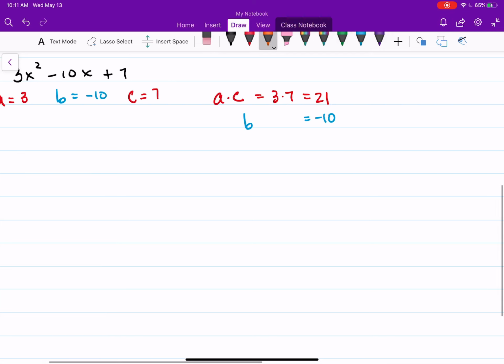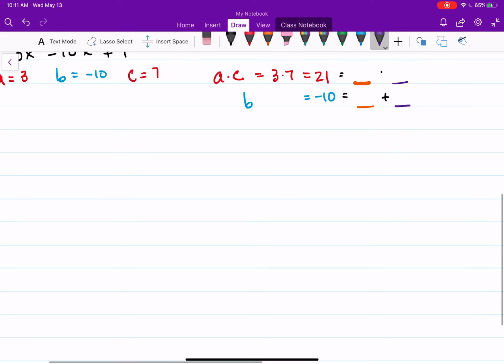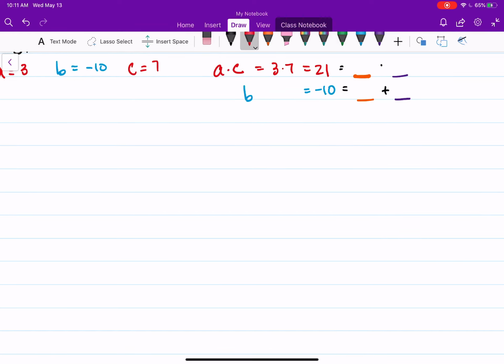So what I'm trying to find is two numbers that multiply together to give you 21 but add together to give you negative 10. As A times C gets bigger and bigger, if we can't find those numbers right away, we can just find factors of 21. It's going to be 1 times 21, 3 times 7.